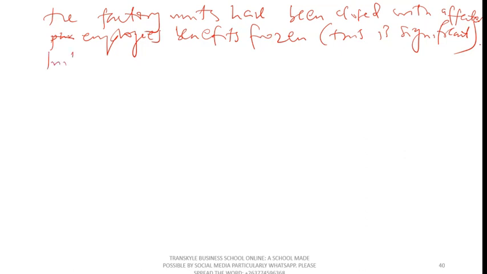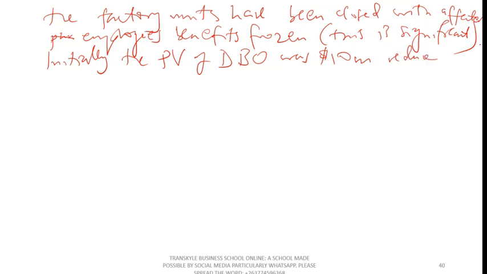Initially, the present value of the DBO, that is the defined benefit obligation, was 10 million, reduced to 8 million.